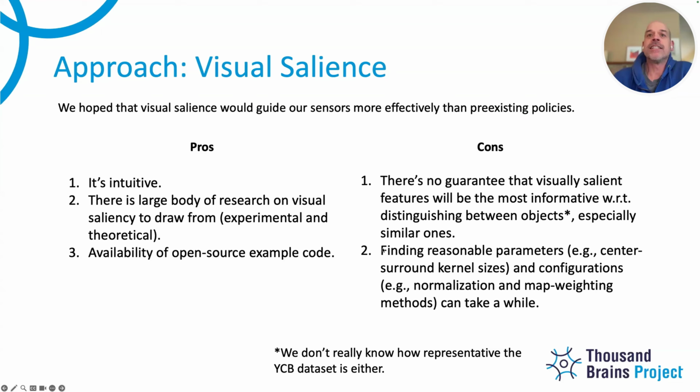One other thing that was kind of tricky here was there's not a ton of parameters, but changing a couple parameters like the center surround, smoothing kernels, and if you change the viewfinder resolution, that kind of changes things too.